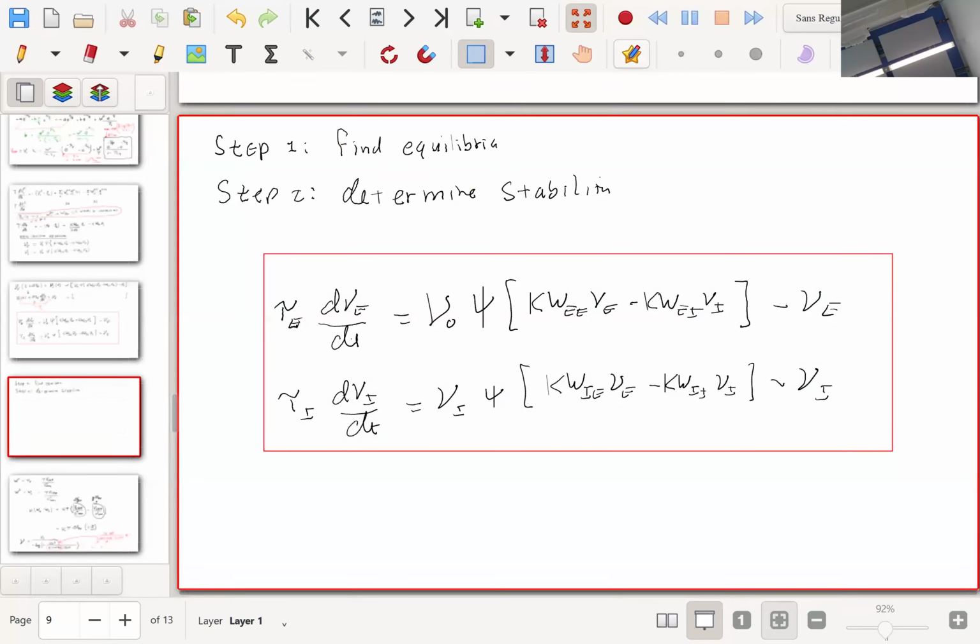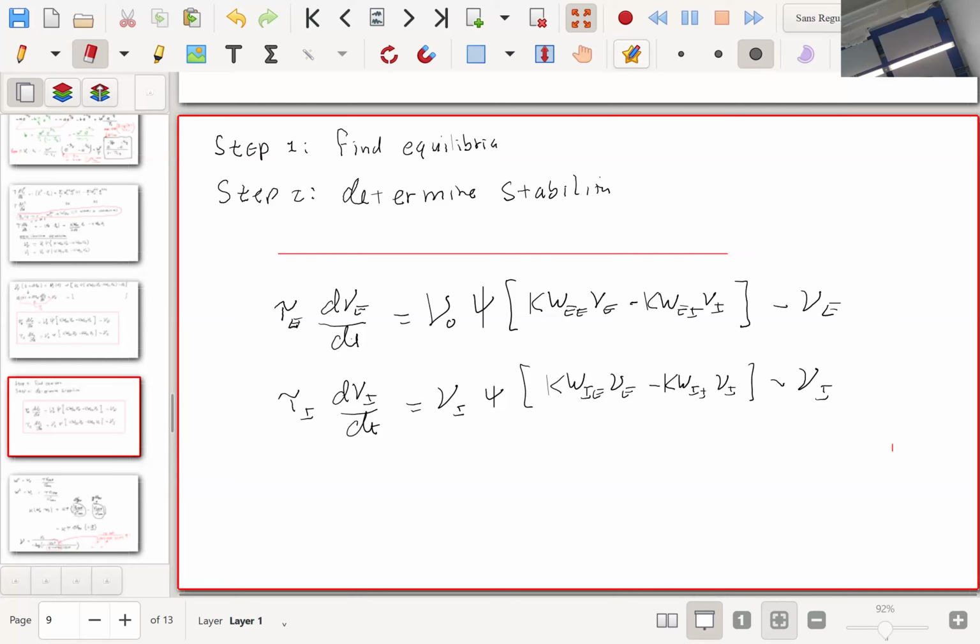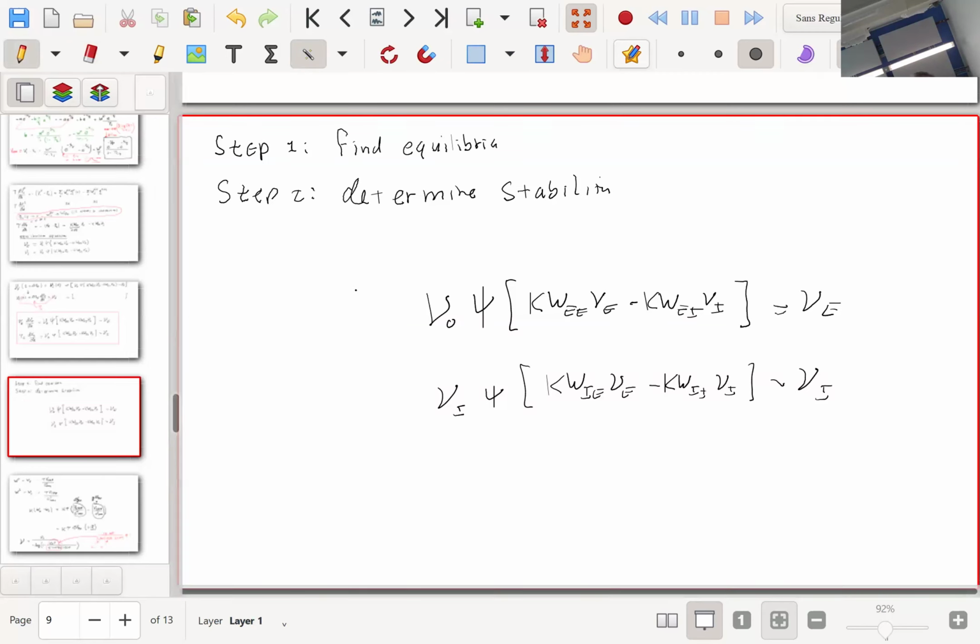So I'll copy these over. So the equilibria, let's erase this. And erase this. So our equilibrium equations are that.